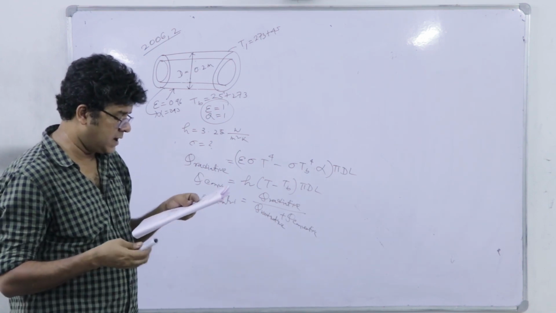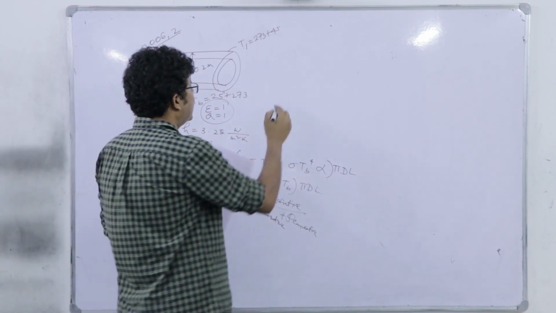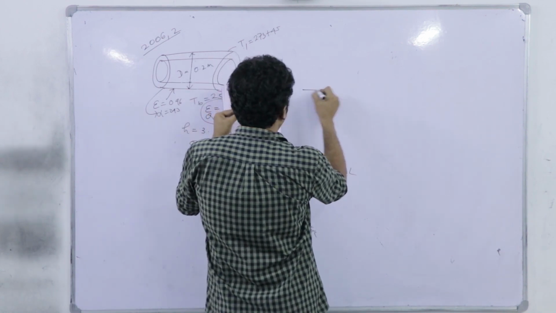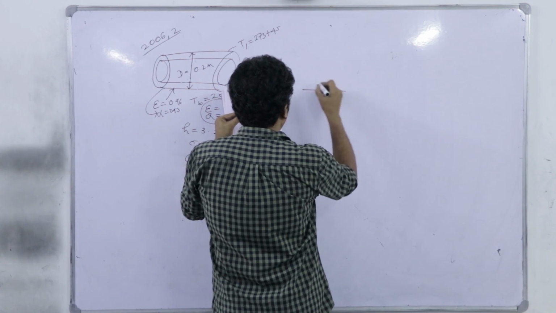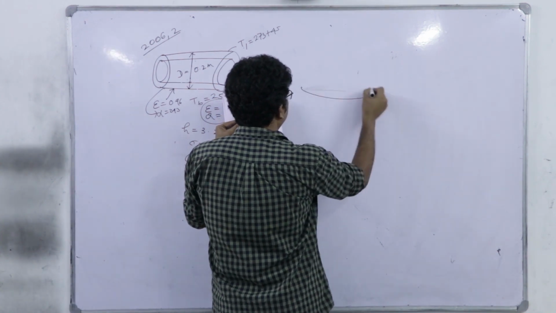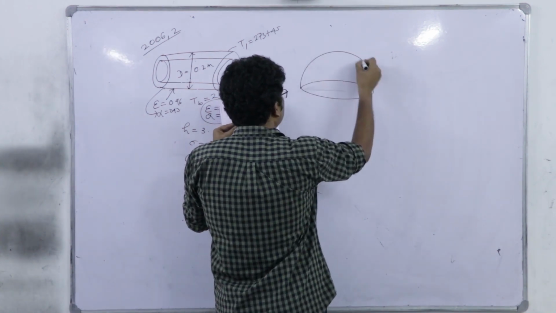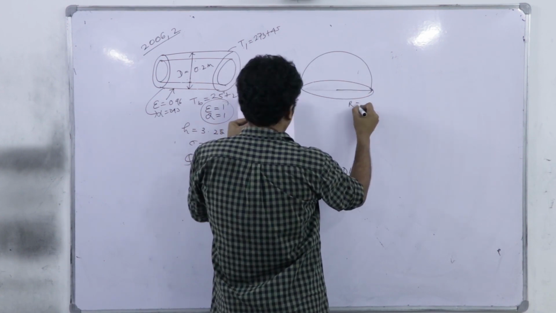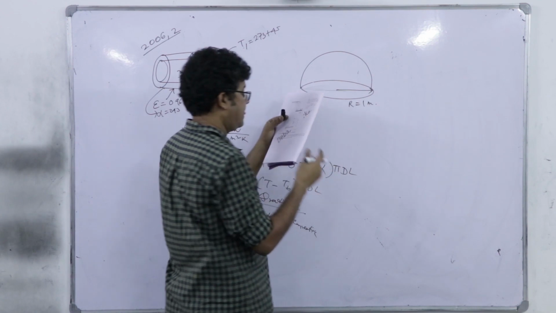A hemispherical furnace. See, this is not a GATE problem, but an interesting one. The hemispherical furnace, hemispherical furnace means this, has radius R of 1 meter.